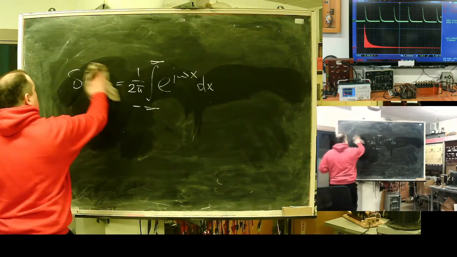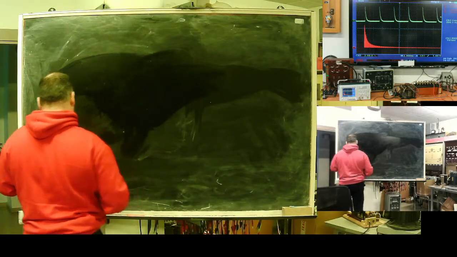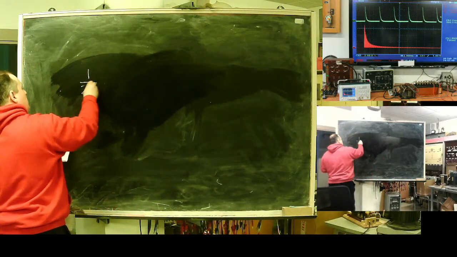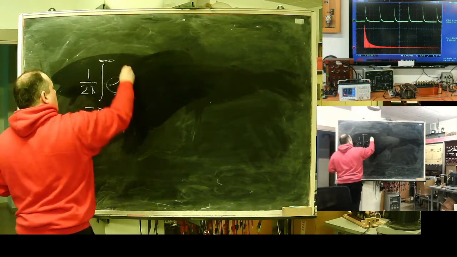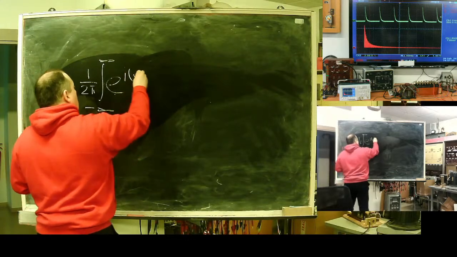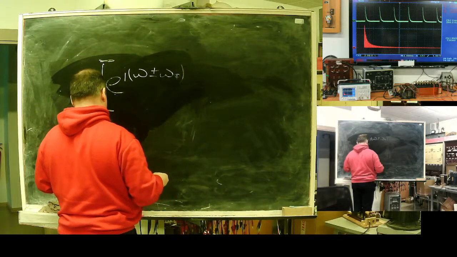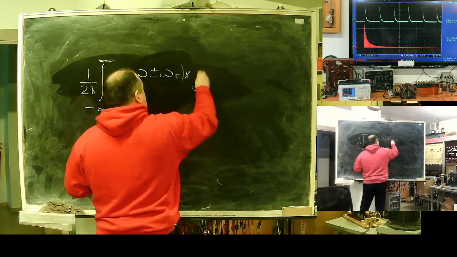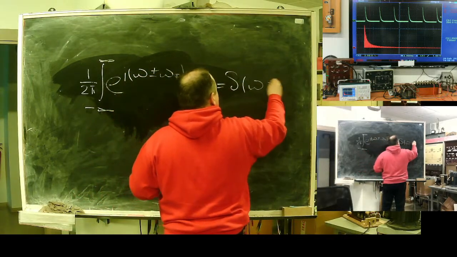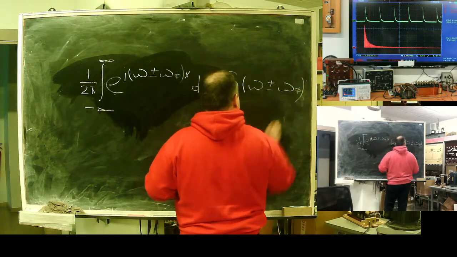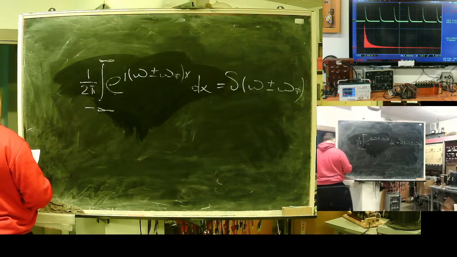This allows me to say that 1 over 2π integral of e^(j(ω plus or minus ω0)x) dx becomes a delta function of omega plus or minus omega 0. It will become an offset delta function of frequency.